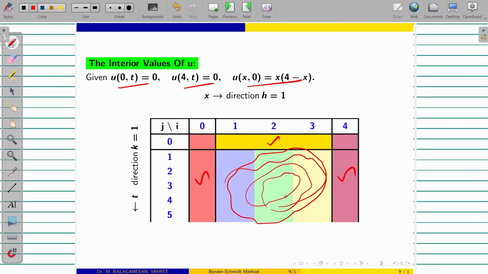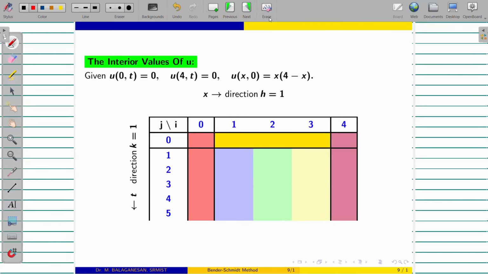Right. Now, just listen. I'm going to take one boundary condition. What is the boundary condition? u(0, t) = 0. Where do I have to mark it? x = 0. Where is x equal to 0?